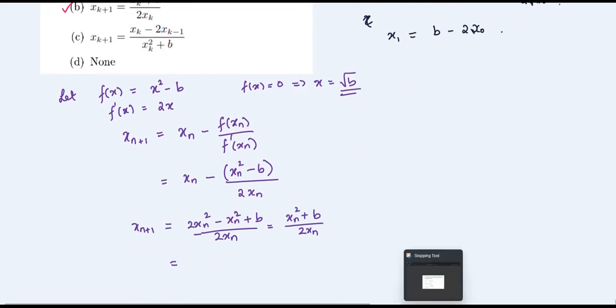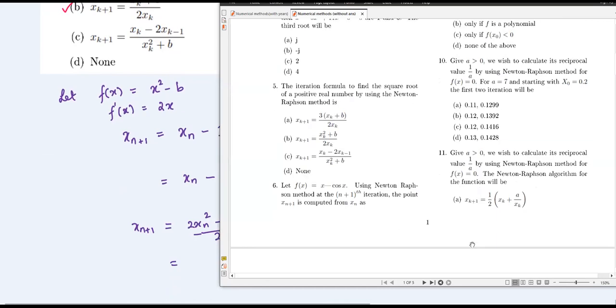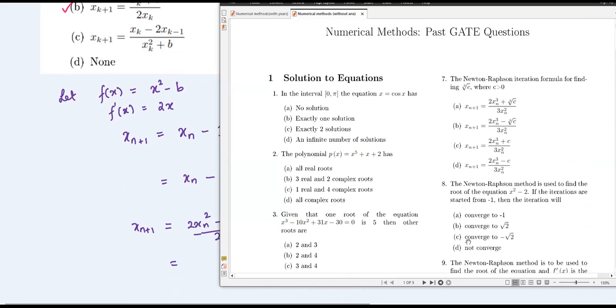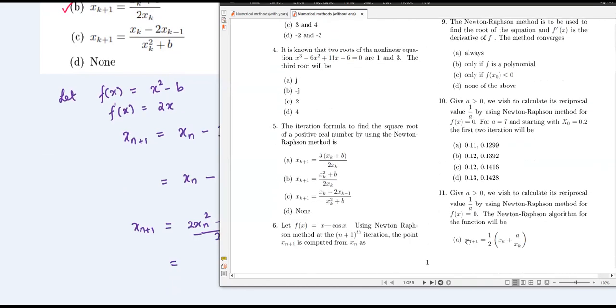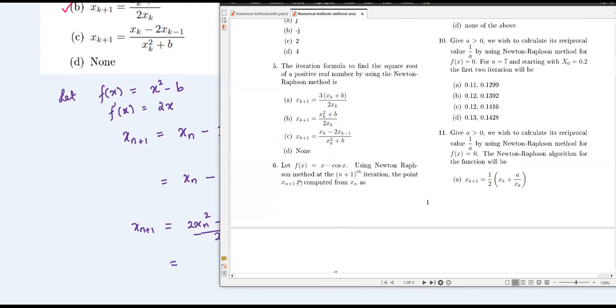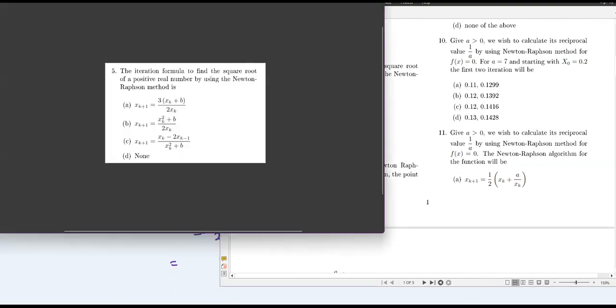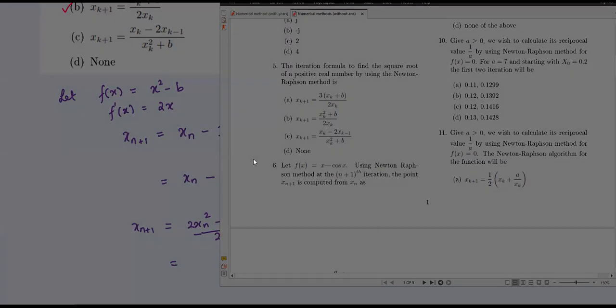All right, this is the iterative step we need to calculate for the next one.